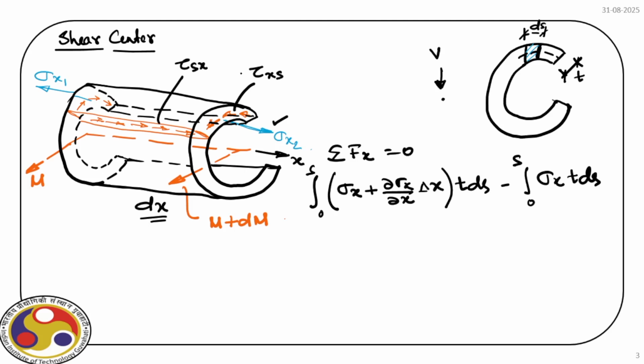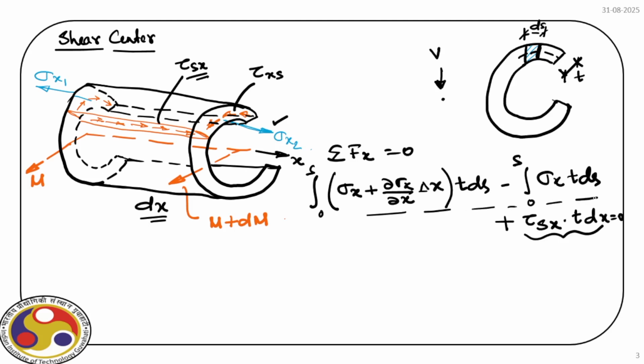Obviously tau sx equals tau xs, that we already know. Now there will be the shear stress, that is this one, tau sx times t, the thickness, acting over dx, which is equal to 0.